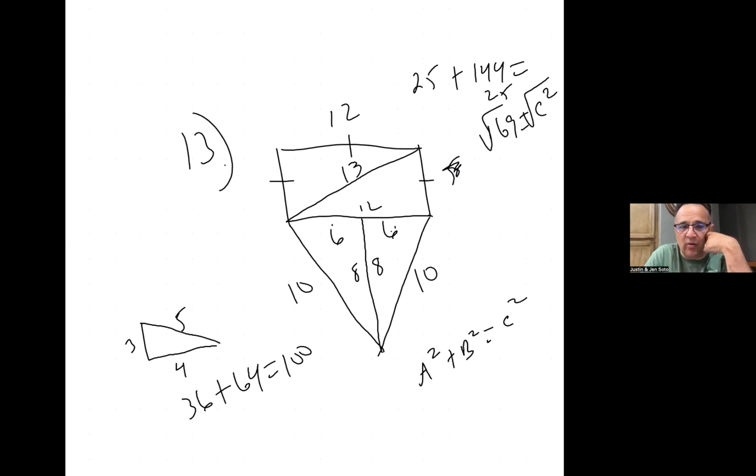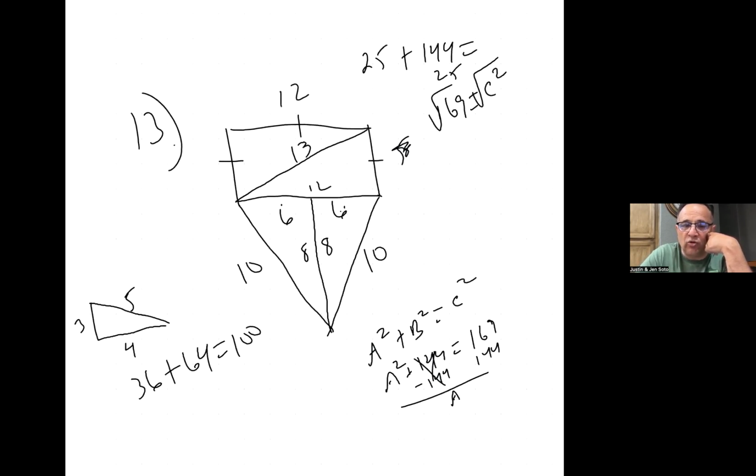We have the b squared at 144. We have the c squared at 169. Subtract 144 from both sides. A squared equals 25. A is equal to 5. So you could solve for it that way.